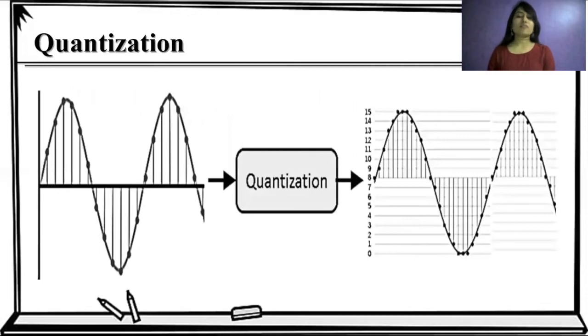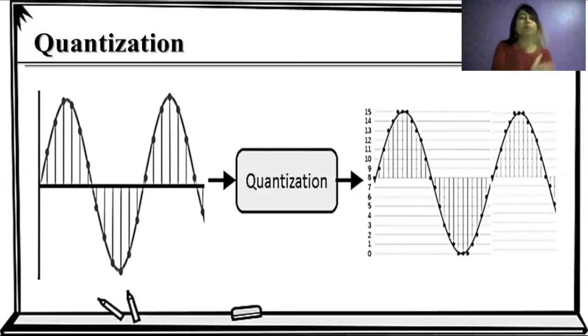Here we have a graphical representation of this quantization process. This sampled value is given to a quantization block. In this quantization block, we make horizontal parts of the total sampled value, indicated here as 0, 1, 2, 3, 4. Here we divide the total analog signal into 16 parts. First we convert analog information into sampled analog information.